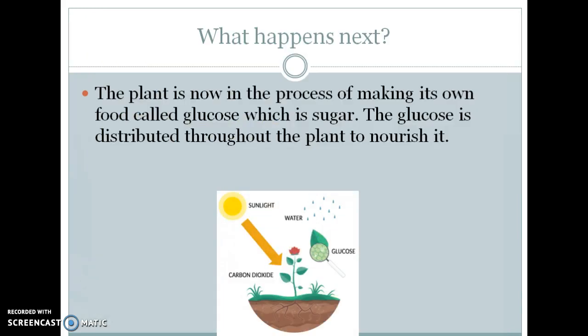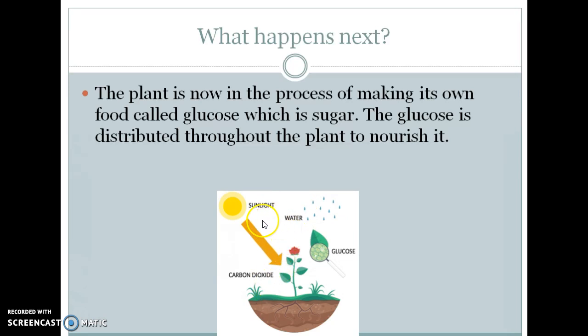What happens next? The plant is now in the process of making its own food called glucose, which is sugar. The glucose is distributed throughout the plant to nourish it. So here is the process. It is the sunlight, water, and carbon dioxide.